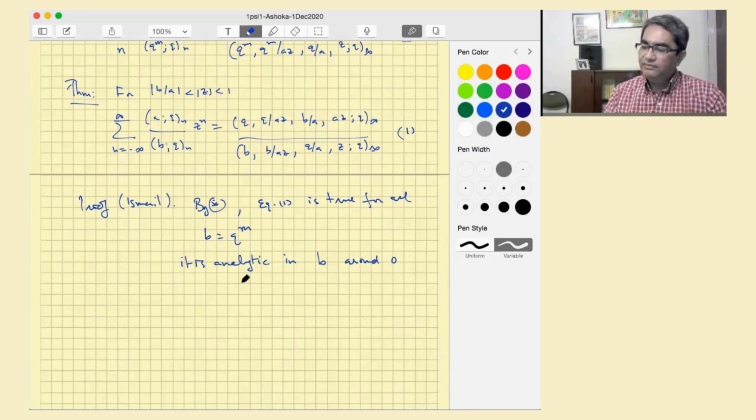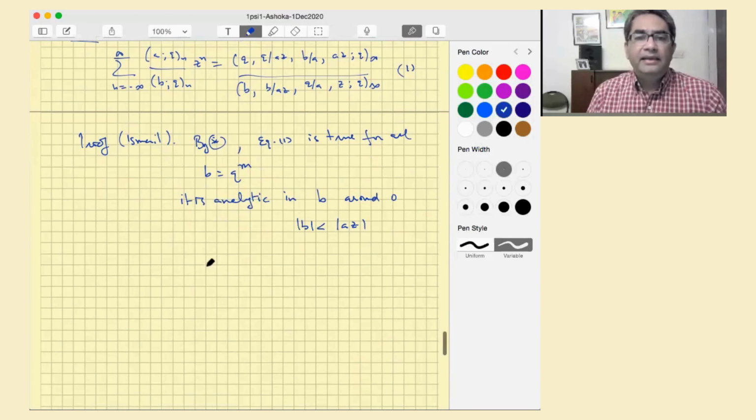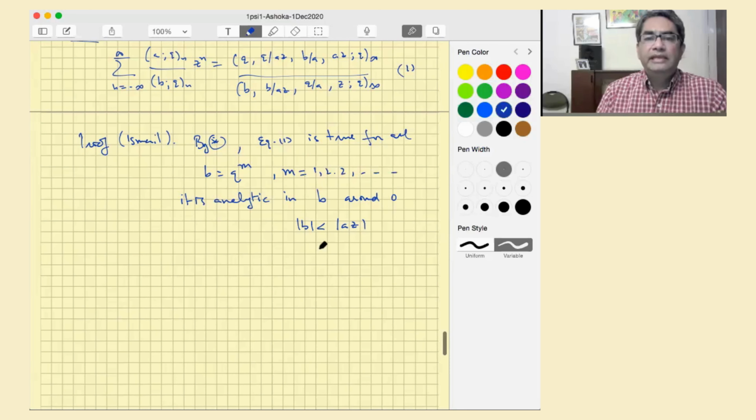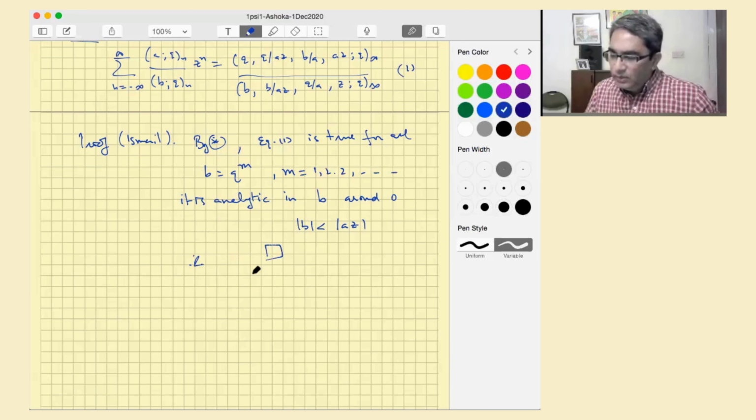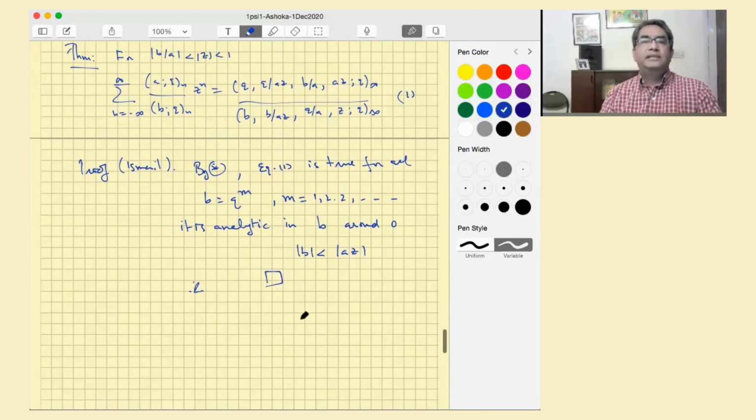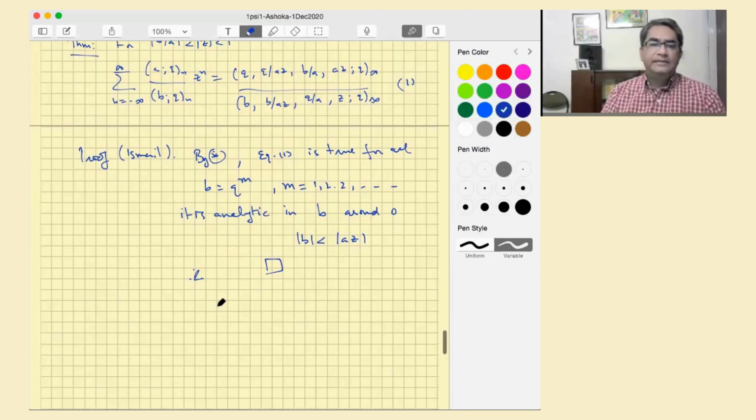I mean, we have the specific conditions, right? So for b less than az, it is analytic here. And this is true for m equal to 1, 2, 3, which has a limit point 0. So therefore, well, what should I say? It's done. By analytic continuation, these two sides are equal. So this has been described as the proof from the book.